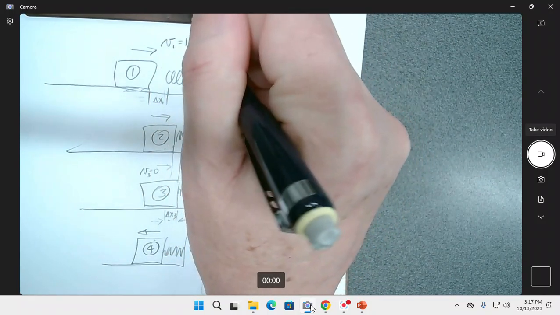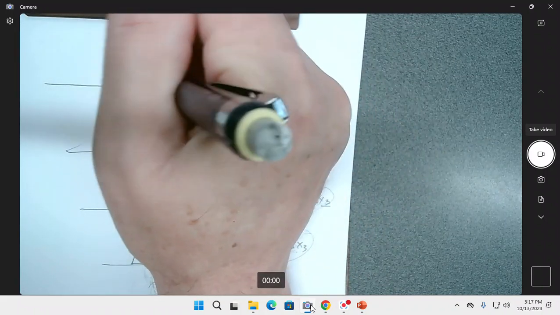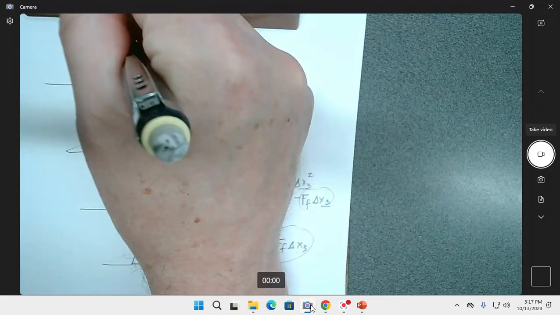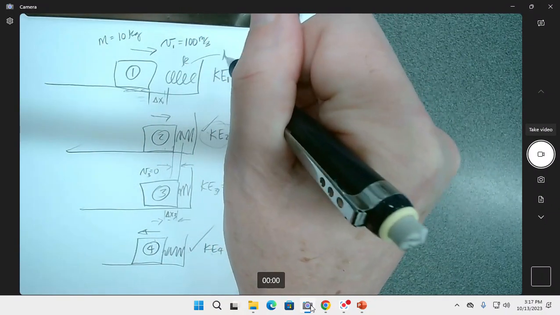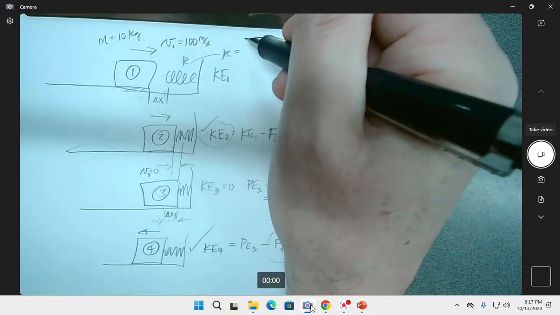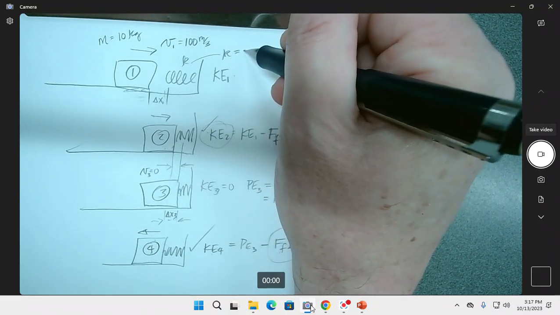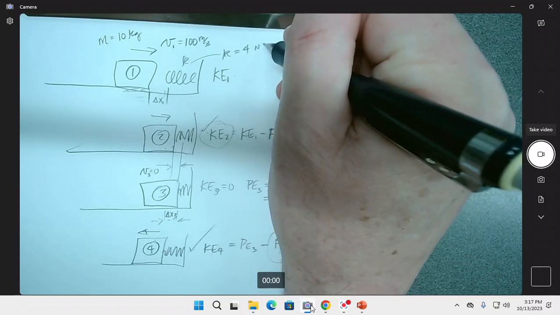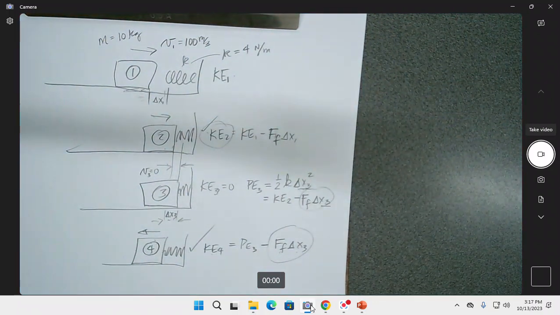All right. So if we were to say this V1 was equal to, I don't know, let's make it really big, 100 meters per second, and make his mass 10 kilograms, and let's take this spring constant and make it pretty small, so that this might make a lot of squishiness. You could say 4 newtons per meter. That's like barely nothing.